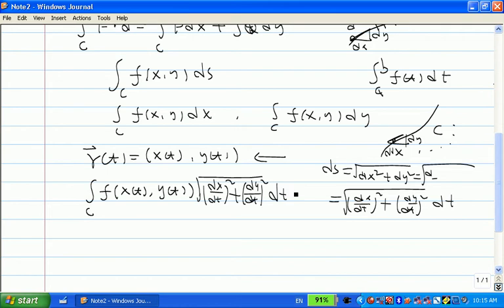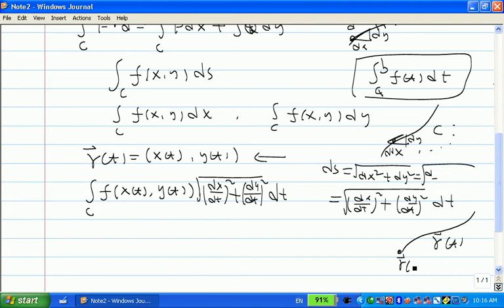Then you change this line integral to a single integral like this, which only depends on t. Now, for t equal to a, you get this endpoint; t equal to b, you get this point. So this is from a to b.